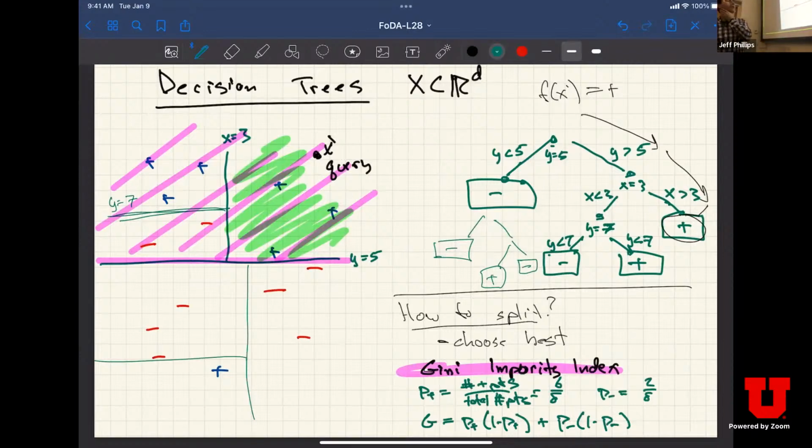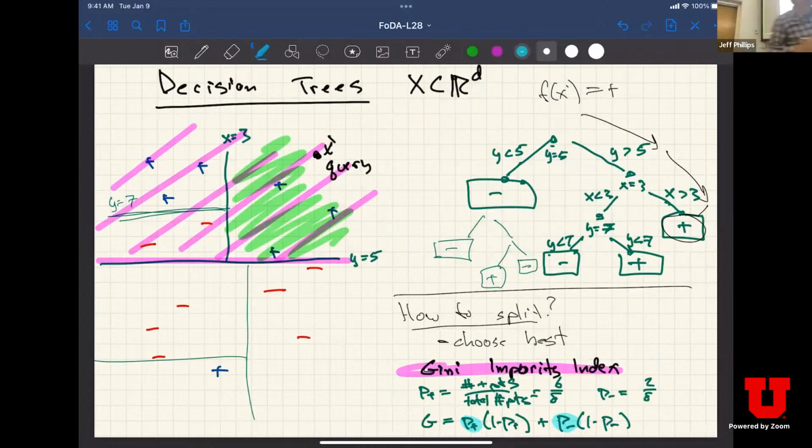So what is this? Intuitively, there are kind of two parts. The first part is the probability that if I picked a random point from this region, it's going to be a plus point.